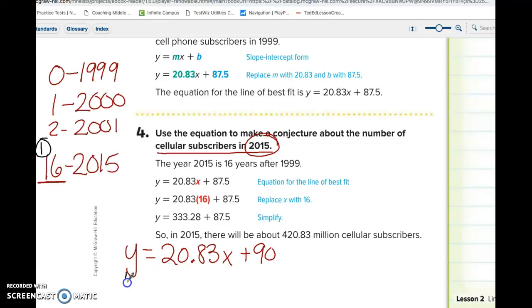So now I just have y equals 20.83 times 16 plus 90. Okay? PEMDAS, parentheses. Yes, it means multiplication. So take 20.83 times 16.